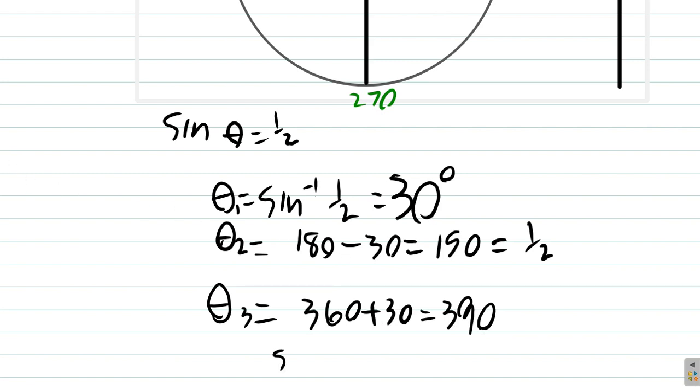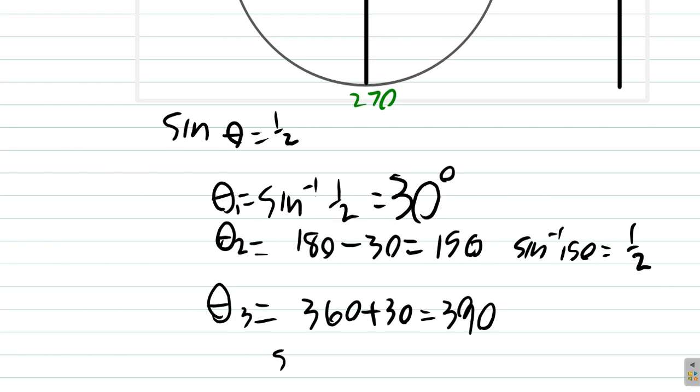Oh, what did I write up here? I should say the sine inverse of half equal 150. All right. So here, sine inverse of half is 30.